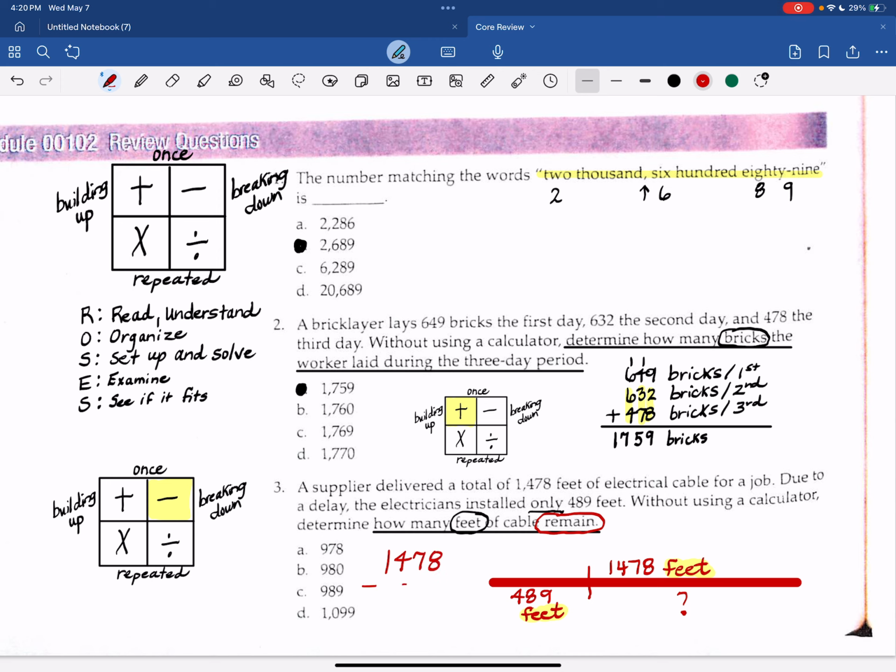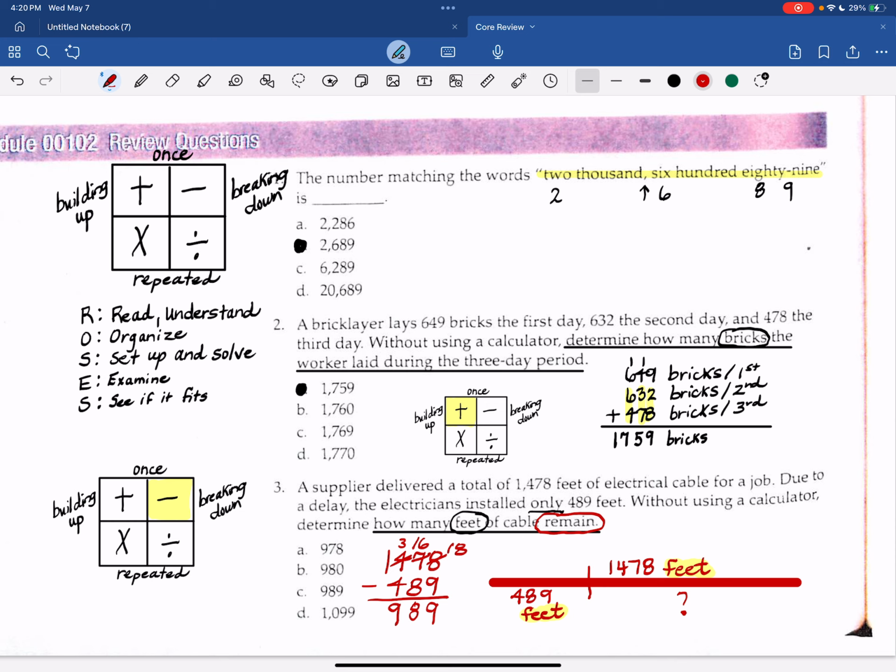So 489. We have to borrow. If the bottom number's bigger, you better borrow. So don't go wild. Just do it once and then see if you need to do it again. And we do. 16 minus 8 is 8, and then 13 minus 4 is 9.